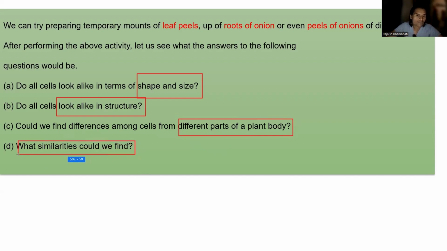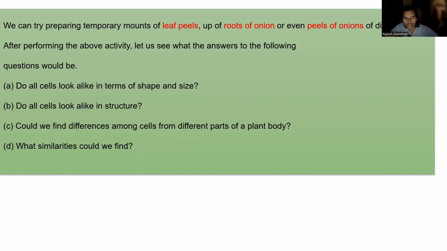I just told you the similarity. Their basic structures will be the same. I hope that you are able to answer these questions and understand them. If you can't understand, you can leave a comment.